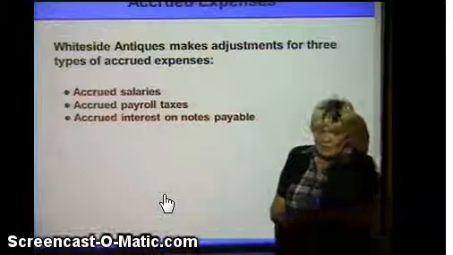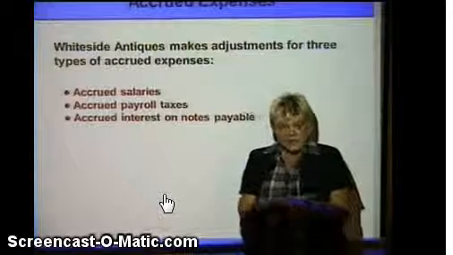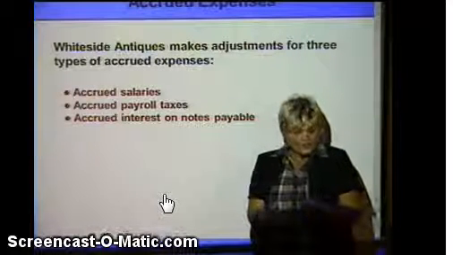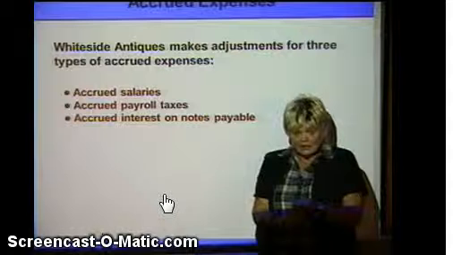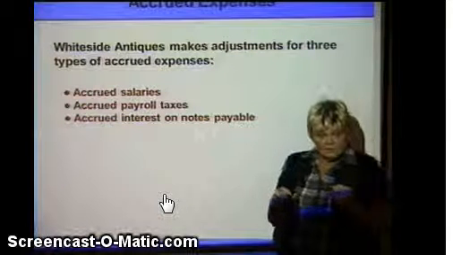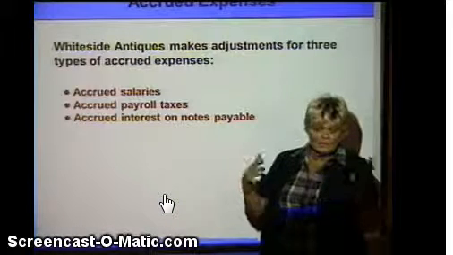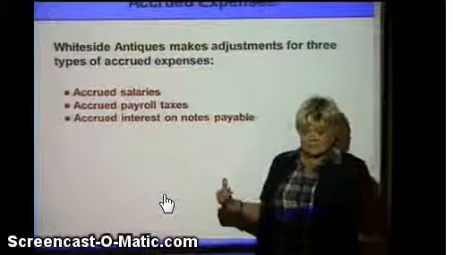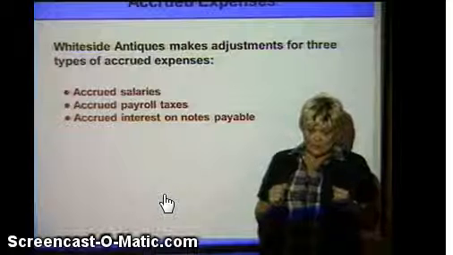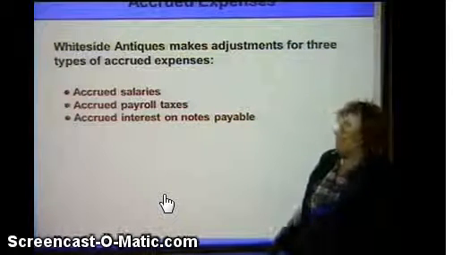Not the part that you would withhold from them, but just the employer's part of his expenses, the FUTA, the SUTA, his part of FICA, his part of the Social Security, his part of the Medicare. All that we would have to go ahead and show as an expense. And it's probably not a whole lot, but in some companies that have huge payrolls, yes it is. So they want it to show up on this year. They need it to lower their income so they pay less taxes.